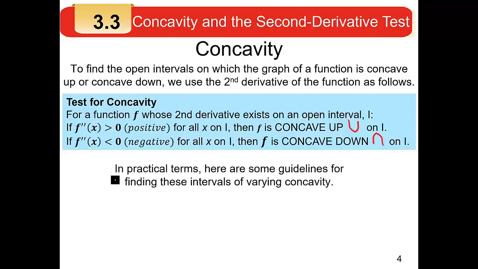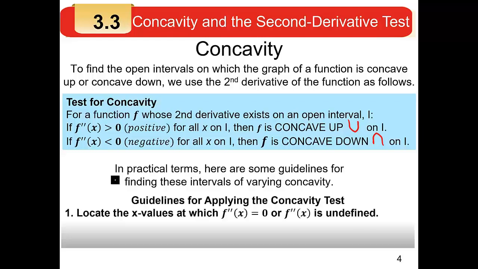In practical terms, I'm going to give you some guidelines that will help you get through this in terms of just solving problems. First of all, you'll want to locate the x values in which the second derivative is either 0 or undefined. Think back to when you were doing increasing and decreasing. You were doing that with the first derivative.